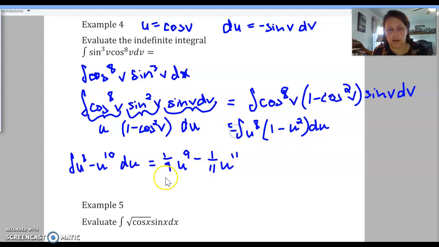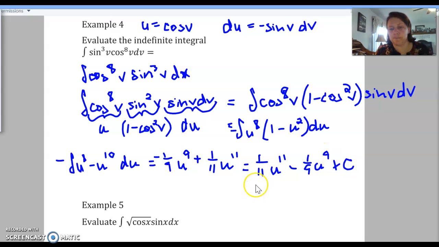So that's going to make all of the signs change. So keep that negative out in front. That's going to make a negative there and a positive here. So I'm going to rewrite that so my negative's not out in front: 1/11 u to the 11th minus 1/9 u to the 9th. That was a close one. And then plus c.